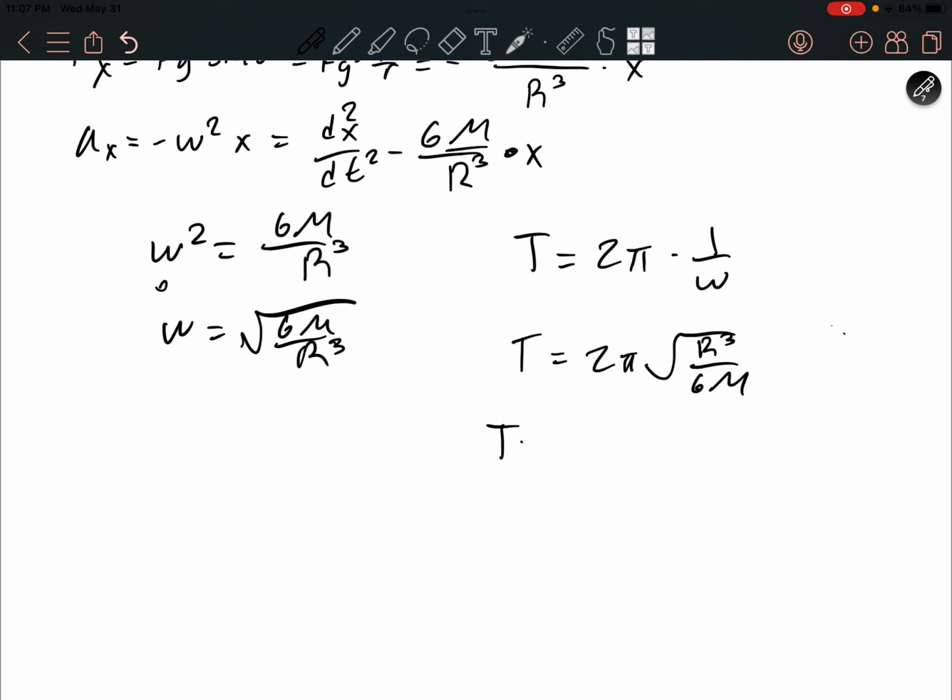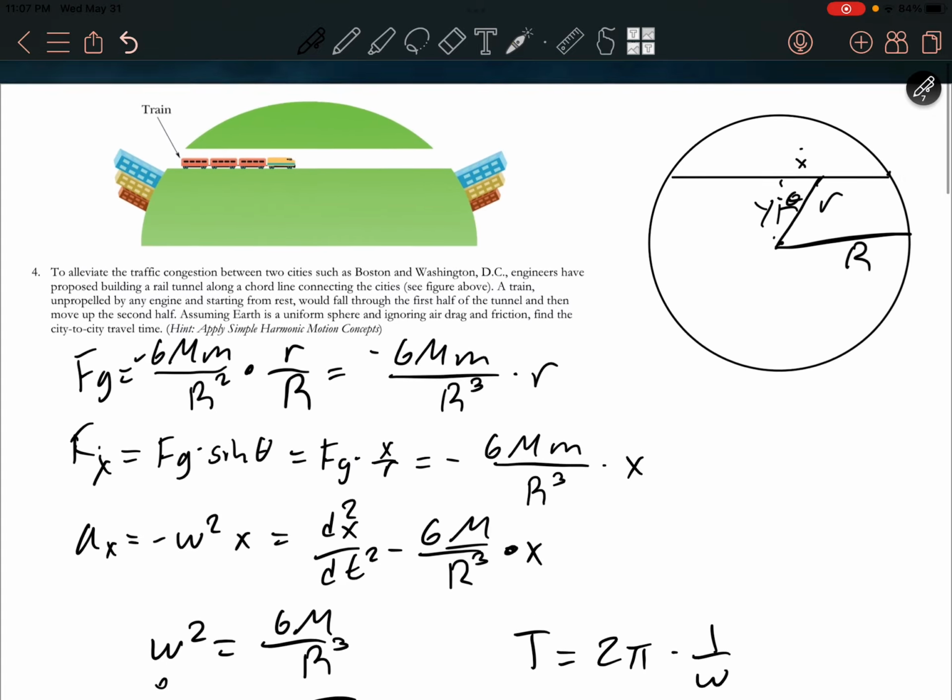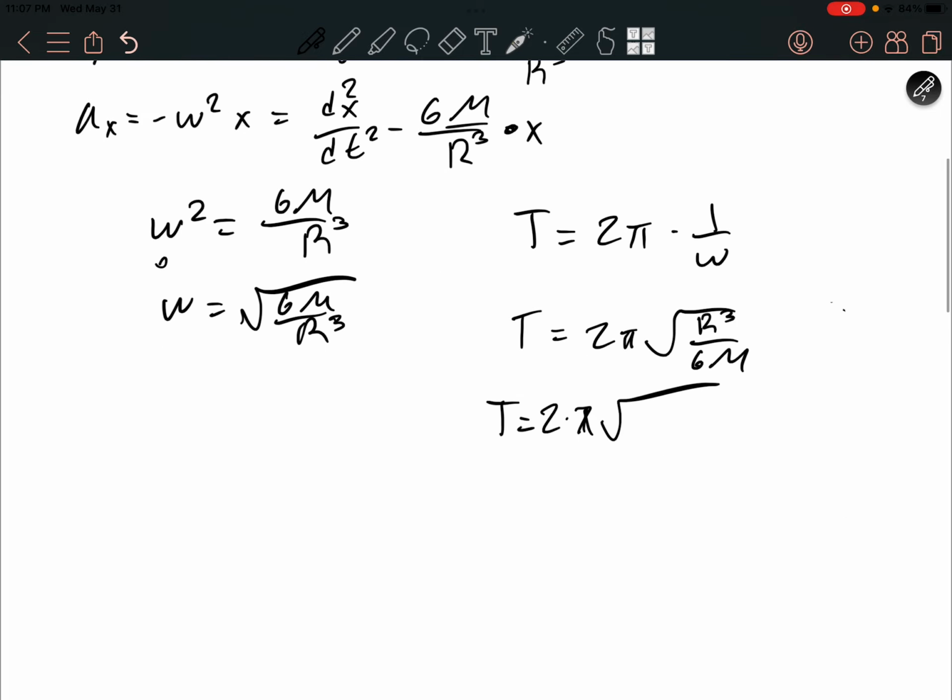So start plugging everything in. You get 2 times pi, pretty simple, over the radius of the Earth. If I remember, it doesn't give you, so you just have to look this one up, but 6.3 times 10 to the 6th, and this is going to be cubed, over the gravitational constant. You can look that up on your green packet.